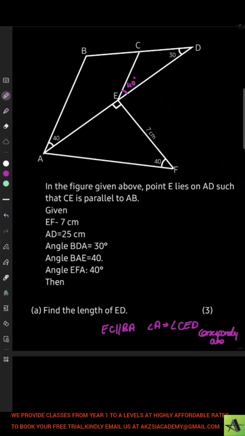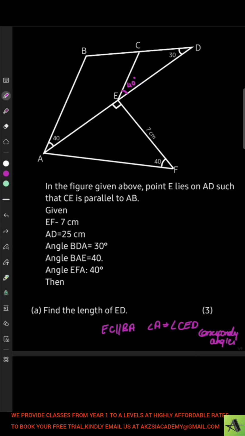Now let me see what else we can find. For this length ED, I should know something else. We can use this triangle. Always try to look at those things where you can find the maximum data. Out of all these three triangles, the one that has the maximum number of given data and helps me find the other values is clearly this one, because this is a right-angled triangle, plus one angle is given and one side is given, so it's very easy to calculate other angles and sides.